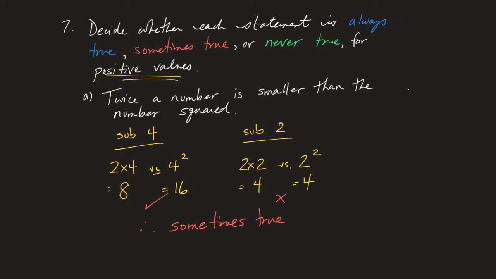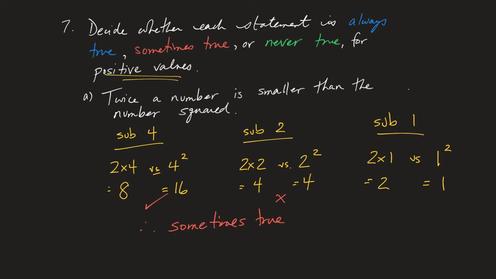Just as another instance, before anybody starts to draw a conclusion for themselves, let's imagine that we sub in 1. If that was my number, twice a number versus a number squared. Well, if I actually calculate that, 1 squared gives me 1.